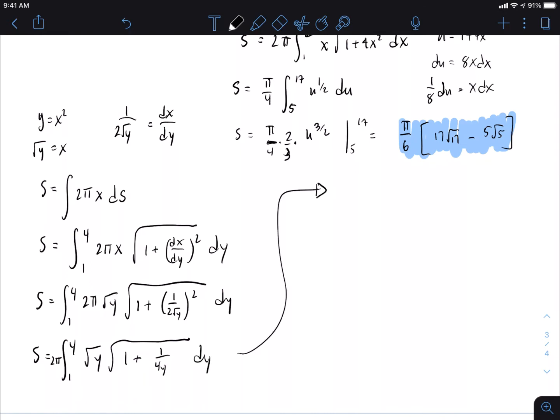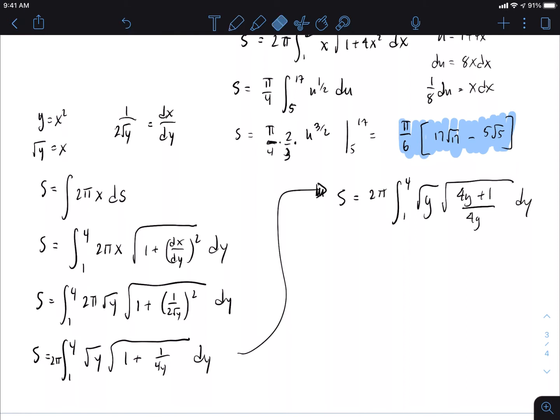So my s is going to be equal to 2 pi, integral from 1 to 4 of root of y times root of 4y plus 1 over 4y dy. Correct?